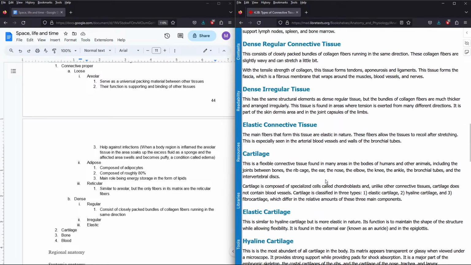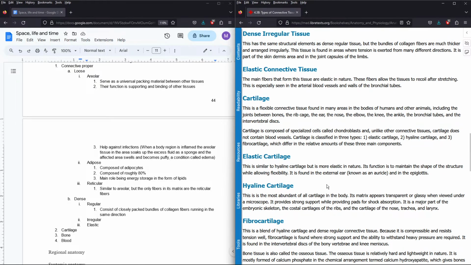Dense irregular tissue, exactly. It has the same structural elements as dense regular tissue, but the bundles of collagen fibers are much thicker and arranged irregularly. So, big shocker, irregular is just like regular, except it's irregular. Okay. Wow! Who would have guessed?